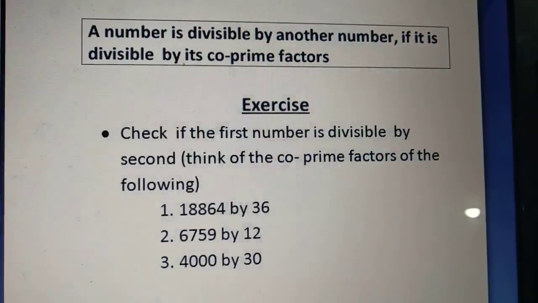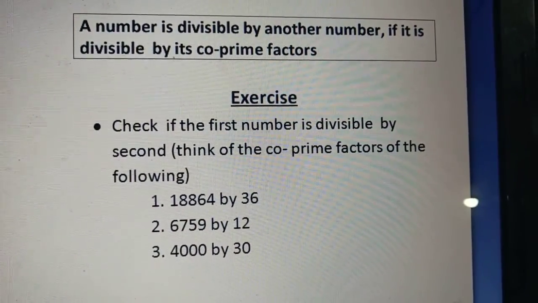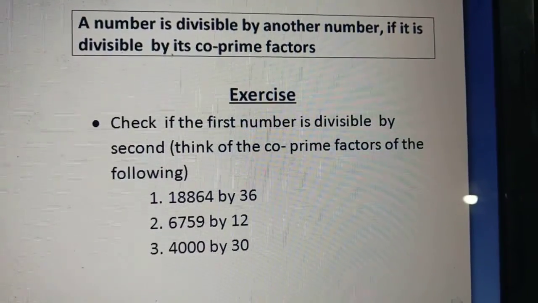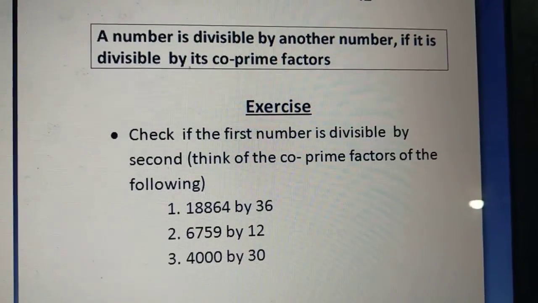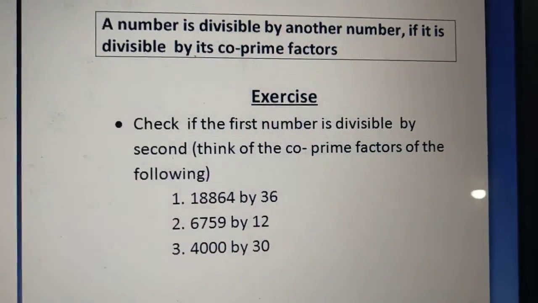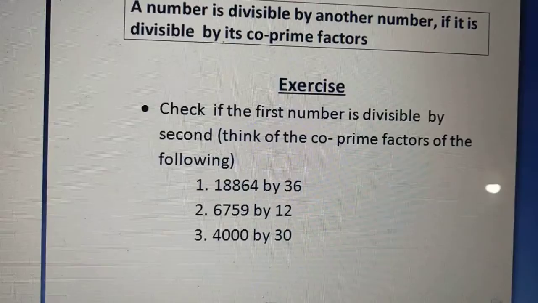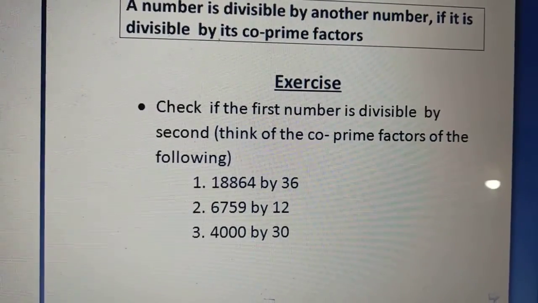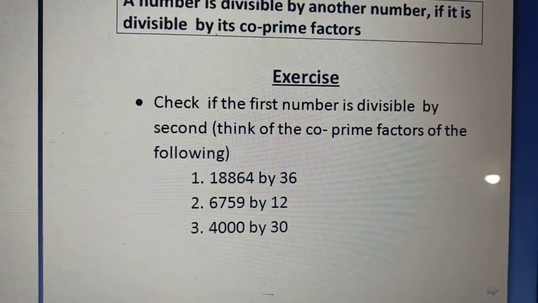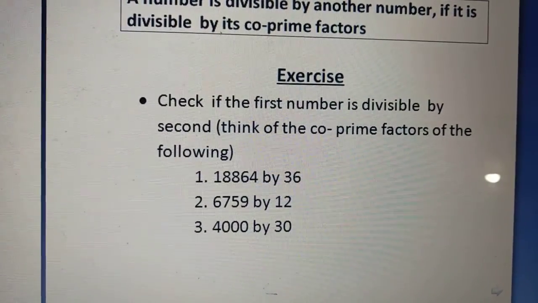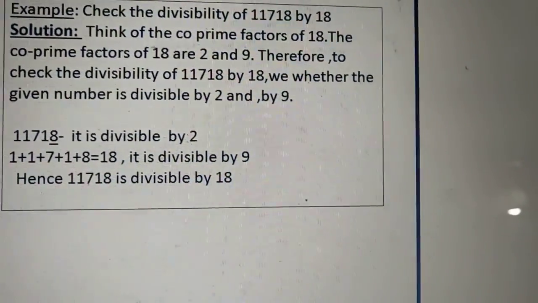Now, a number is divisible by another number if it is divisible by its co-primes. If you don't know the divisibility rule of a number, what you are going to do is find the co-primes of that number, and check the first number by the co-primes of the second number. See, the example is given here.